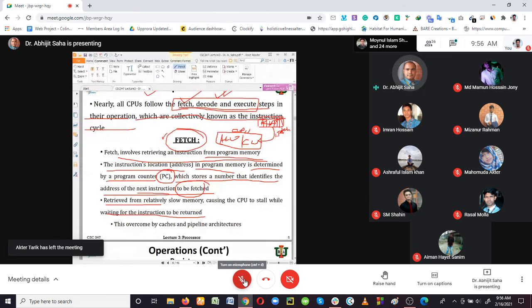So the CPU is going to fetch the instructions from the RAM. It is retrieved from relatively slow memory, causing the CPU to stall while waiting for the instruction to be returned.